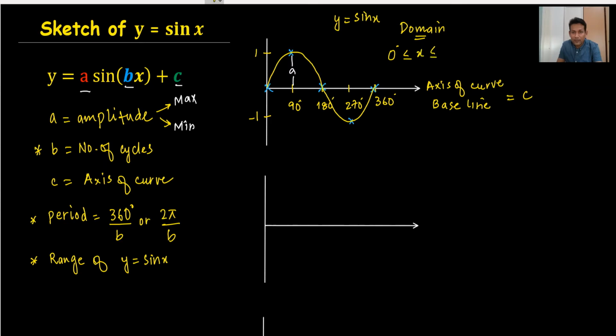The domain is from 0 degrees to 360 degrees. This is the domain, and the range of y equals sin x is fixed: -1 till +1. So this is the minimum value and this is the maximum value, and this is fixed. We cannot change it. That's why you can see in the curve, maximum is 1 and minimum is -1. Domain is 360 degrees. The range, you can even write only y equals -1 to 1.